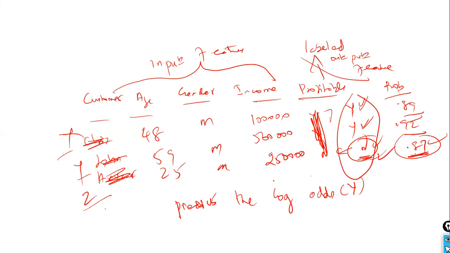Instead, it gives me the odds. What are the log odds that the given person is going to default if I approve the loan? So in this case, what happens?